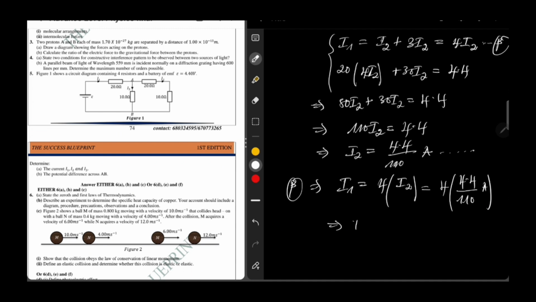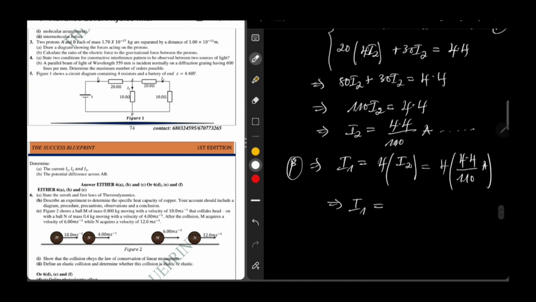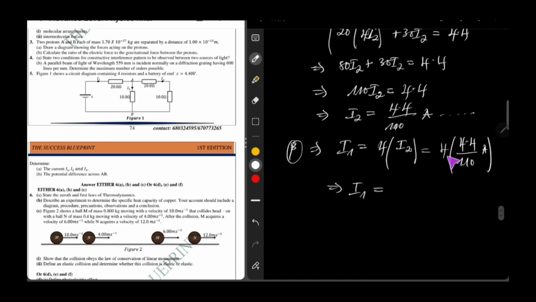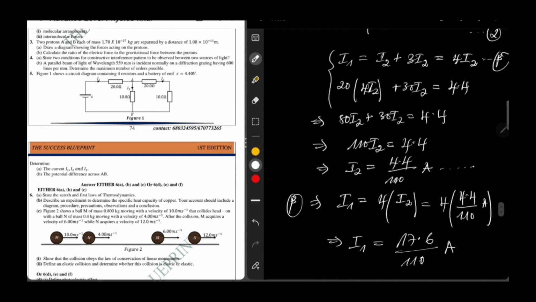This means that I1 will be equal to 4 times 4.4, we are going to have 17.6 over 110 amperes.